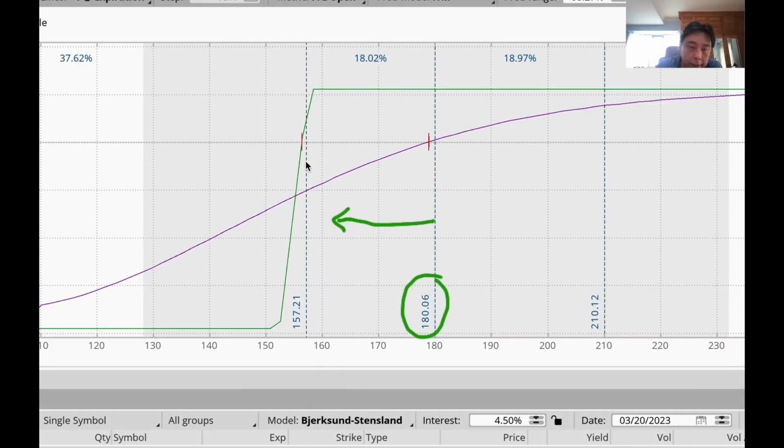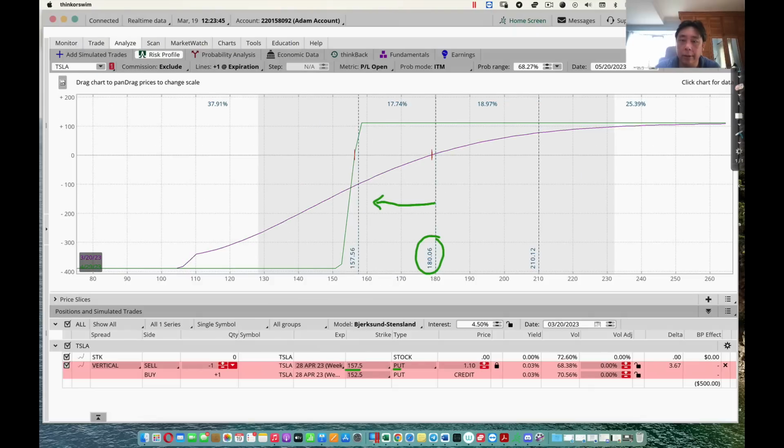Let me move that line to roughly about there. Okay, got it? So this is our stop loss price. The moment it gets there, we have to close the trade and cut loss and get out and run.